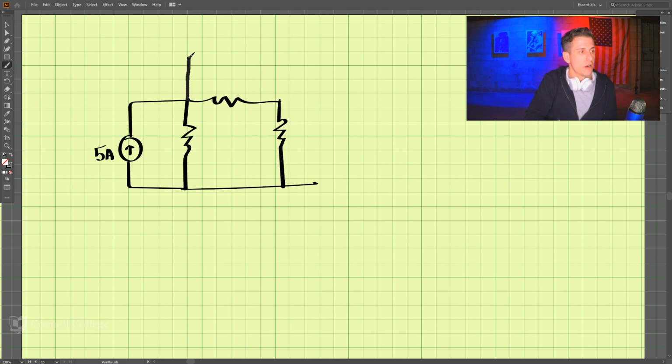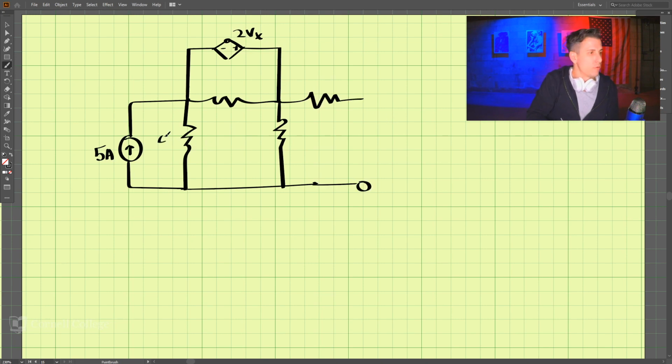And lastly, our dependent voltage source here, which is 2Vx. And one more resistor here. So we have 4 ohms, 2 ohms, 6 ohms, 2 ohms.